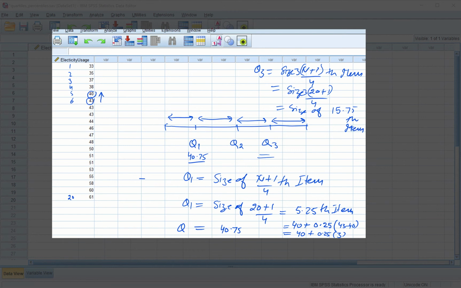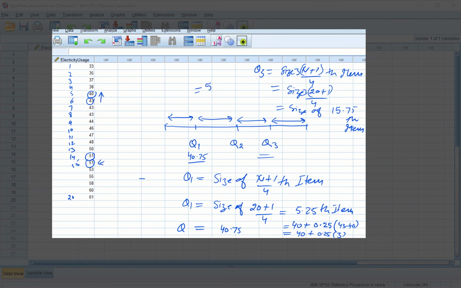If we look into the series, 15th item is 51, let us see, 7, 8, 9, 10, 11, 12, 13, 14, 15. So this is the 15th item.